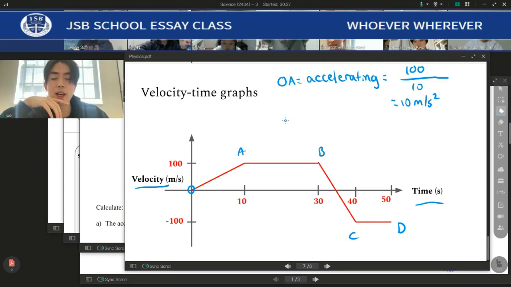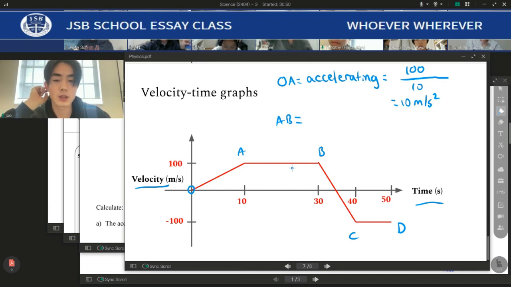A to B, what do you think, guys? Timothy, what do you think? Is the car moving or stopped? I think the car is stopped. Why do you think the car is stopped? It's not stopped, it's moving, right?